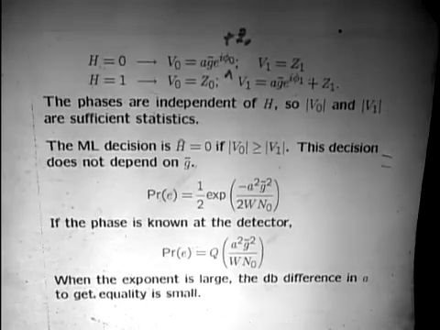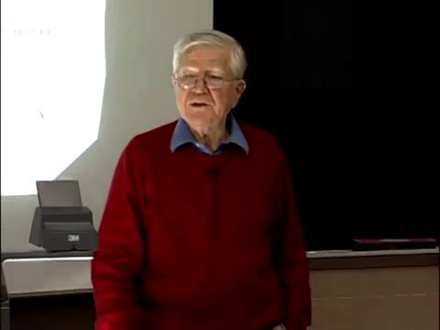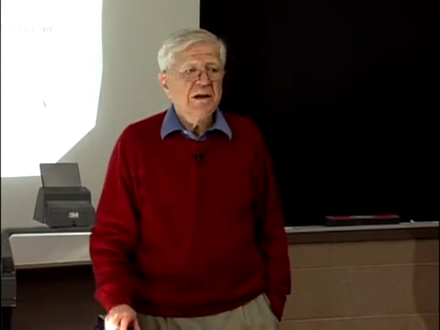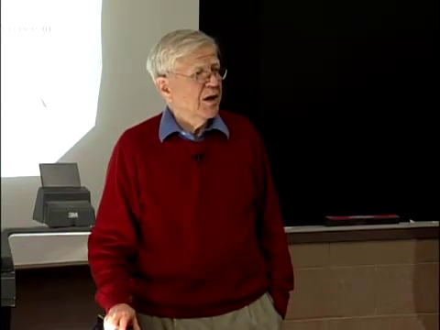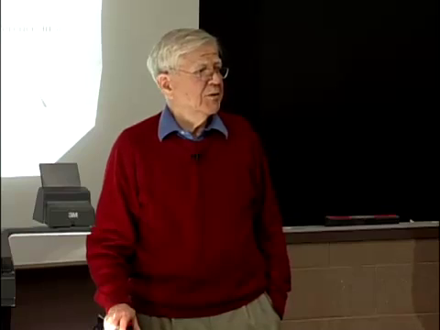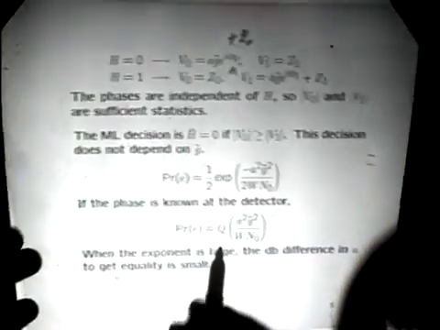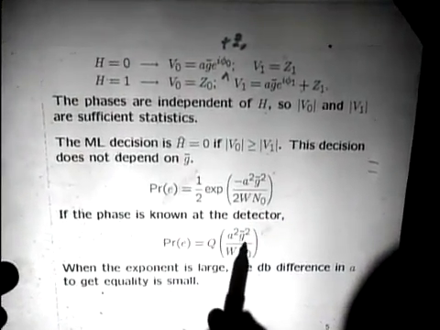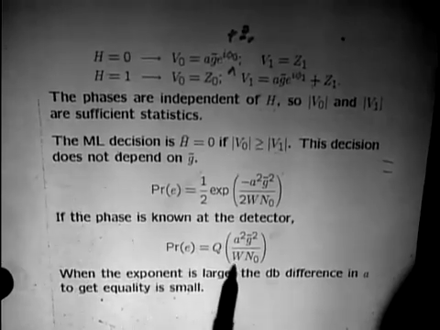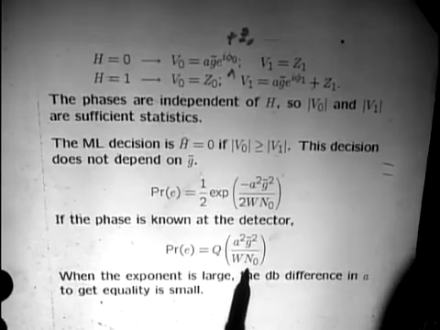If the detector knew both the magnitude and the phase of the channel, it would be the conventional Gaussian problem that we've analyzed many times before. And the solution would be the probability of error is equal to Q of a squared times g tilde squared divided by Wn0.